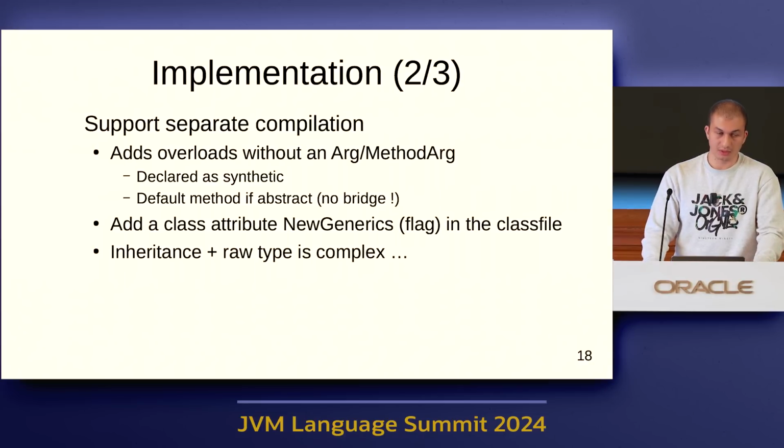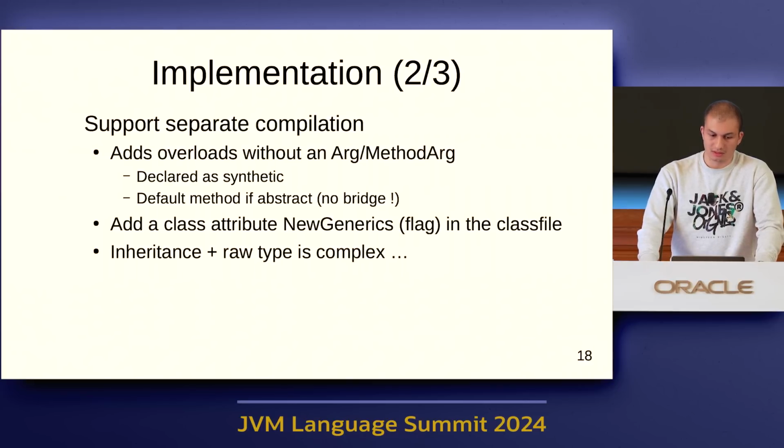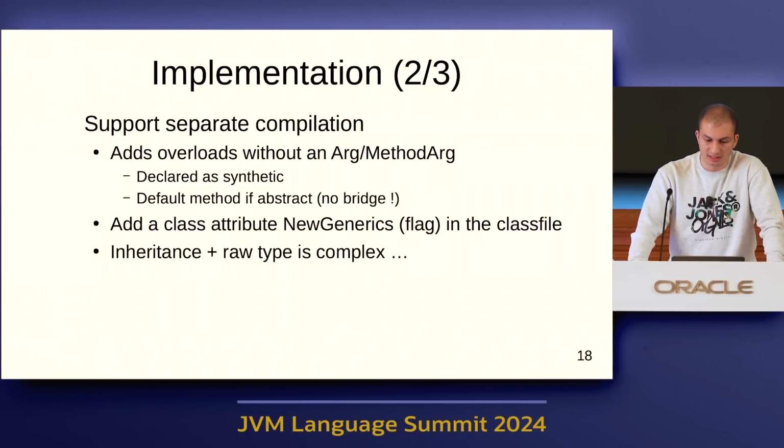We also had to add a new attribute flag on the generated classes, because we do not want to look into a class trying to find a method with an arg parameter if the class hasn't been recompiled and will never have this kind of method.